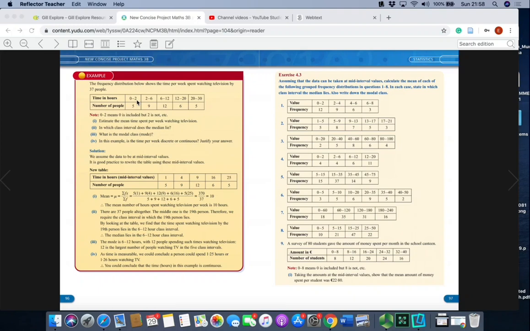Okay, and we have 5, 9, 12, 6 and 5. Okay, mean, median and mode again.